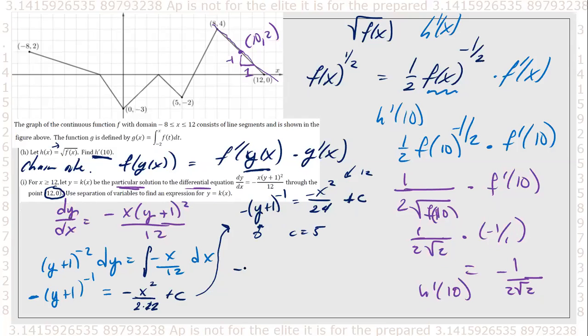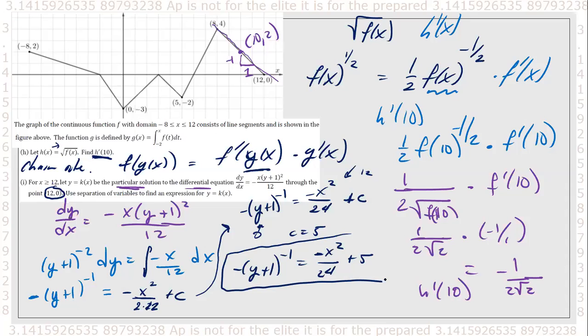So in reality, it was (y plus 1) to the negative 1 equals negative x squared over 24 plus 5. So that's what I got for that. That is the particular solution of this one.